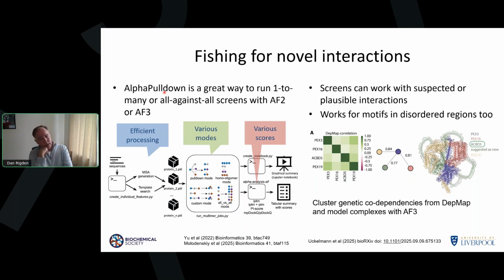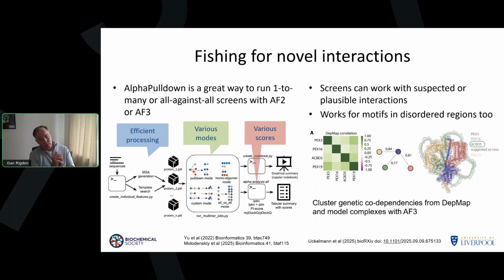You're familiar with pull-downs in the lab, where you immobilize an antibody on a column or something, and then you see what binds to it. This is doing the same in silico. You have a bait protein, and then you ask AlphaPulldown to model that bait protein with a variety of different other proteins. You can do all against all, of course, but pull-down mode is one against several. It will efficiently do all of that modeling and give you a variety of scores.